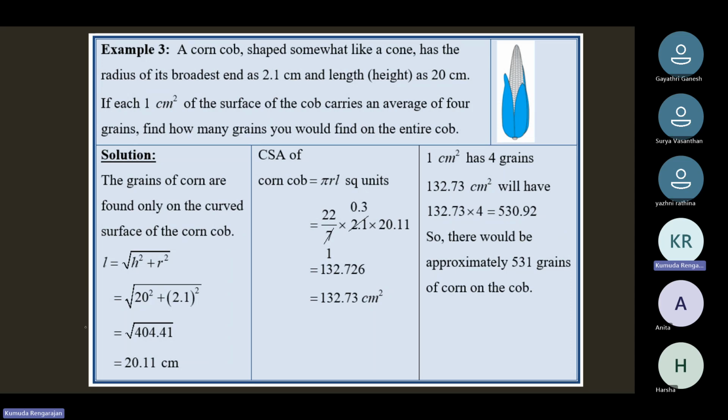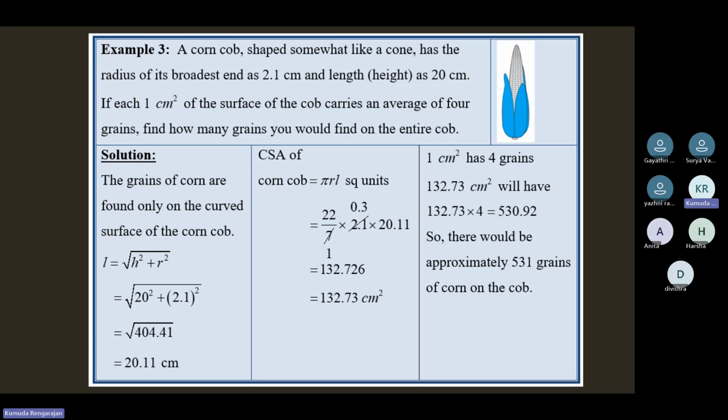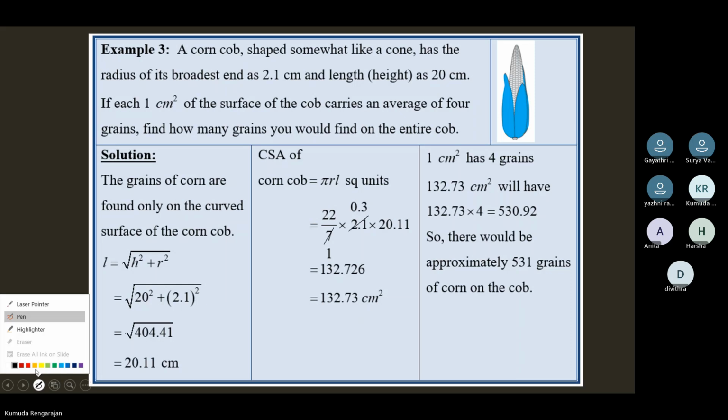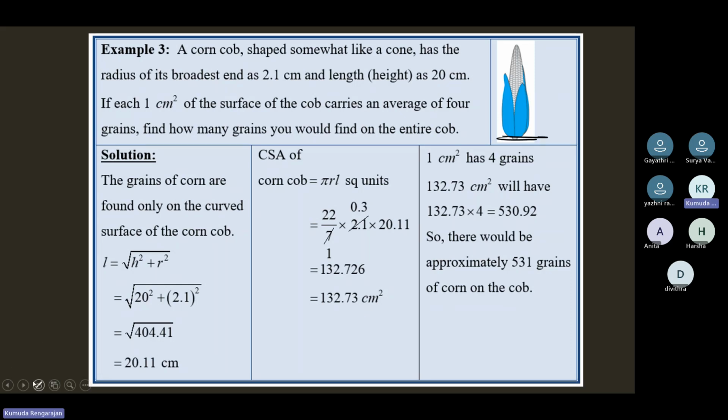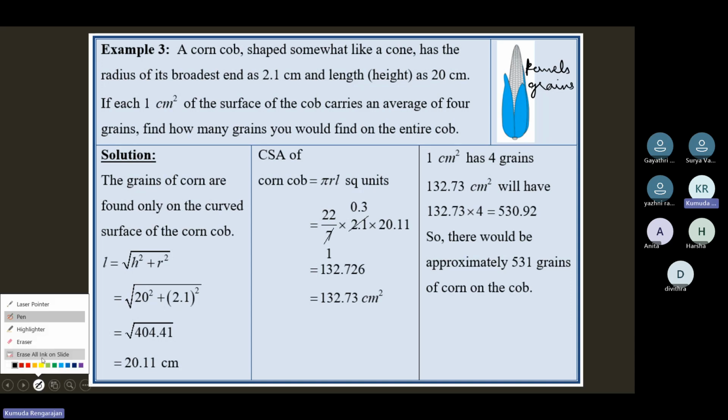In this question, you see a corn cob. Now, the kernels or the grains of the corn cob are arranged on the CSA.